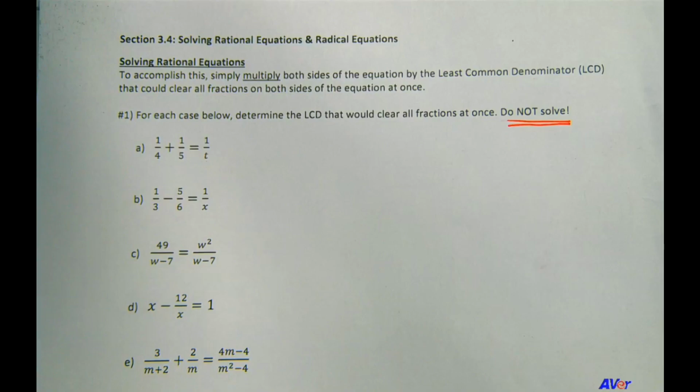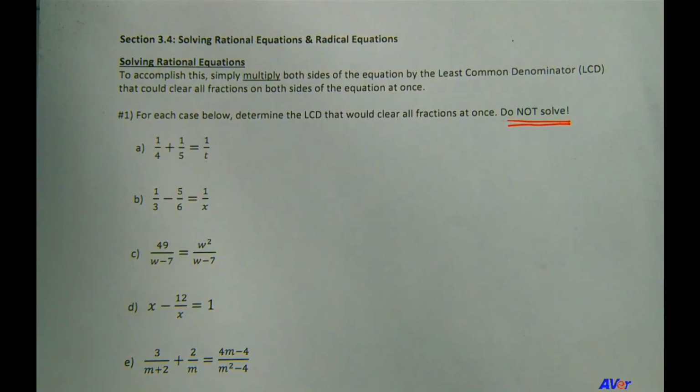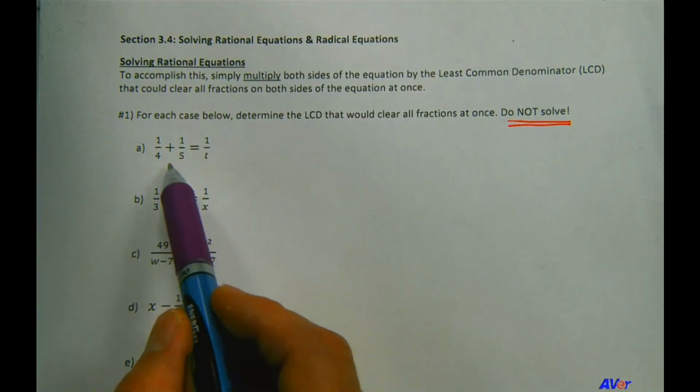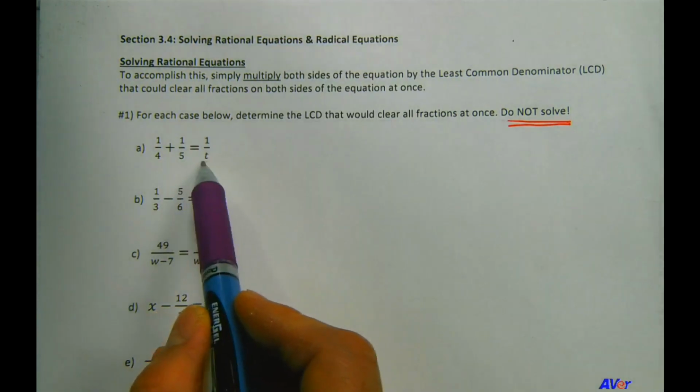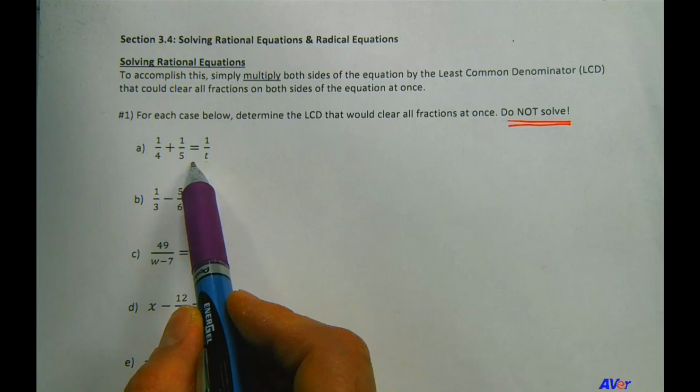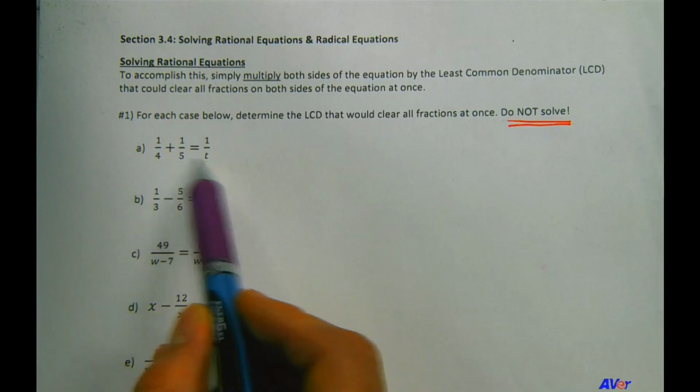Not individually, but all fractions must be cleared at once. So here, what number could we choose, or what expression can we use to multiply both sides of this equation by to clear all three fractions at once?